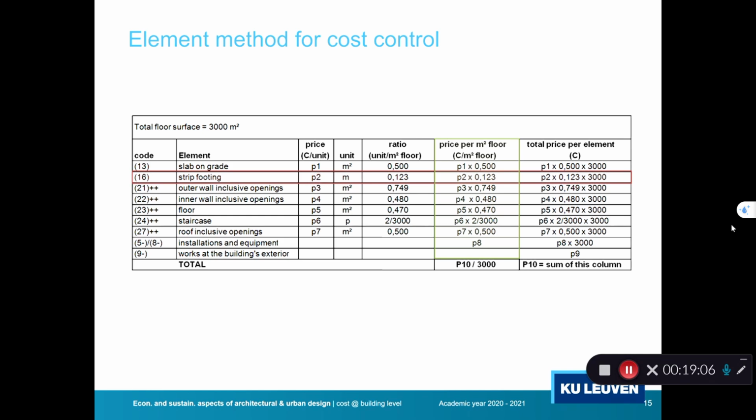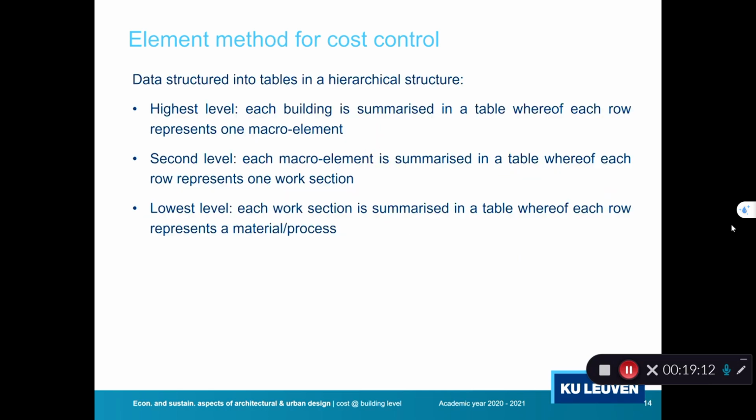And maybe if I also change the layout of my building, the ratio will change, but I'll come back to that. Finally, at the lowest level, the price of each work section can again be determined in a table by now having on each row a cost per material or process that is needed to make that work section.